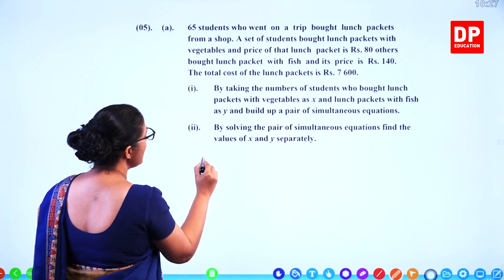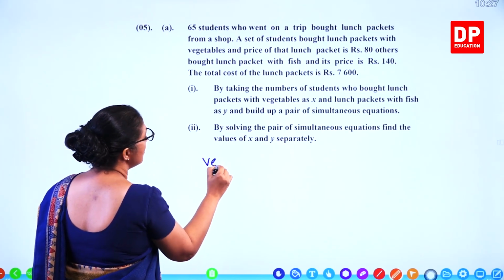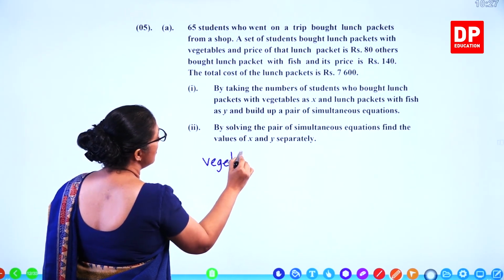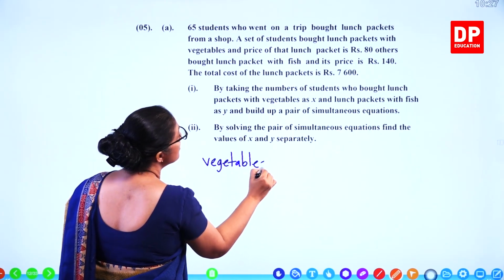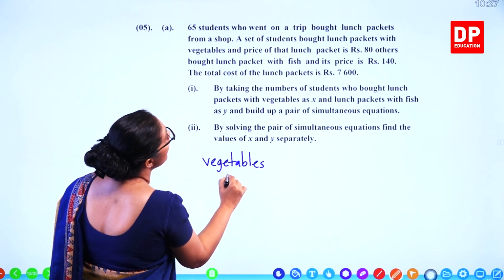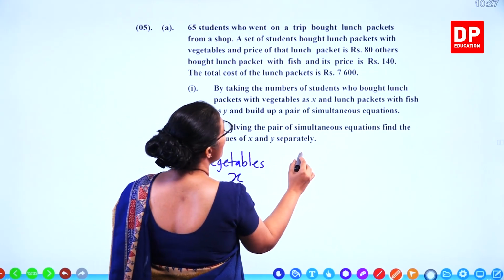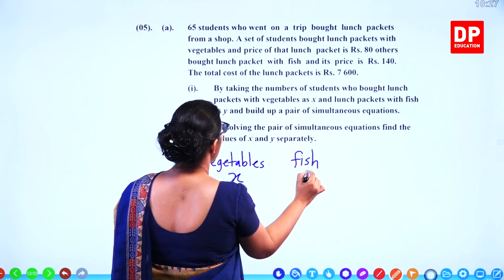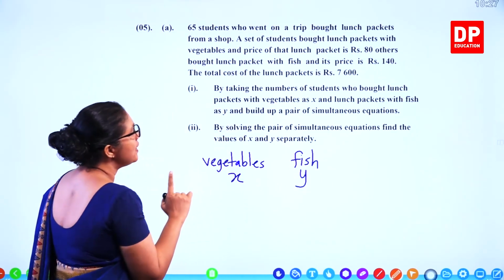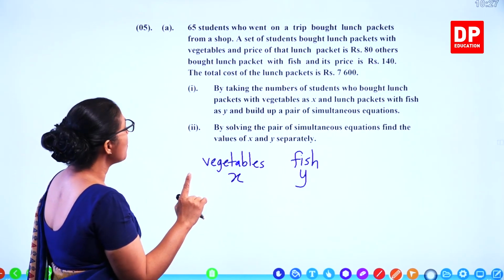By taking the number of students who bought lunch packets with vegetables, that's X, and the number of students who bought fish packets, that's Y, build up a pair of simultaneous equations.